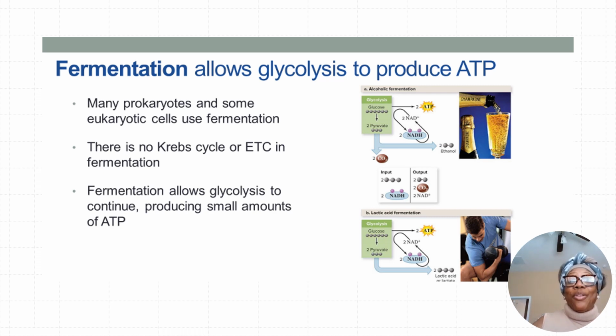In other words, they're able to utilize glycolysis to produce a very small amount of energy in the form of ATP without the presence of oxygen. There's no Krebs cycle or electron transport chain in fermentation. Fermentation allows glycolysis to continue producing small amounts of ATP because, if you think about it, it's better to have a little energy than no energy at all.